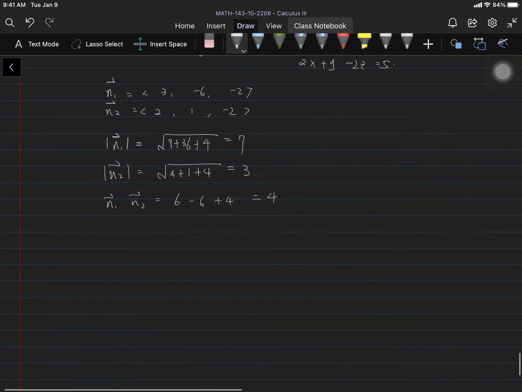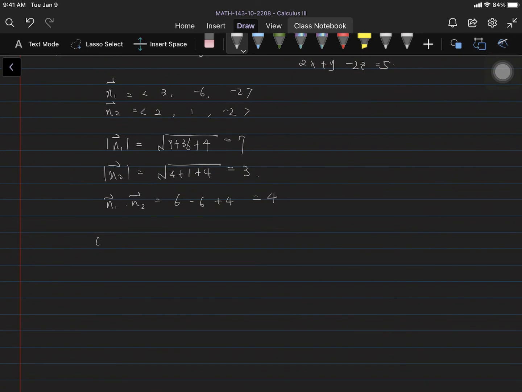So we just plug into the formula. Theta equals cosine inverse of n1 dot n2 divided by the length of n1 times the length of n2. n1 dot n2 is 4, n1 length 3 and 7, so it should be cosine inverse 4 over 21. You can leave the answer like this.